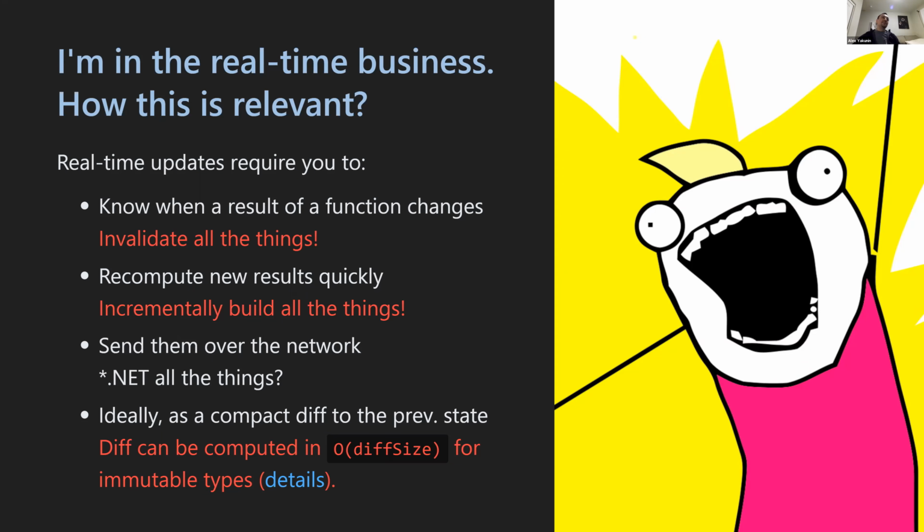So how is all of this related to real time now? I guess it's clear that real time is all about knowing when the result of a function, or of something that produces data, changes.